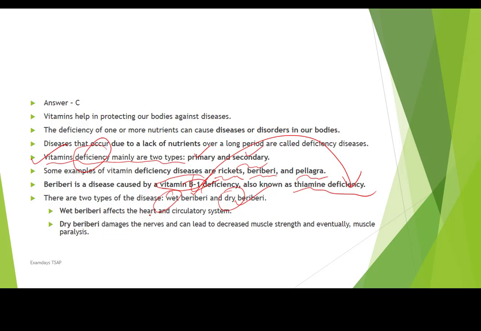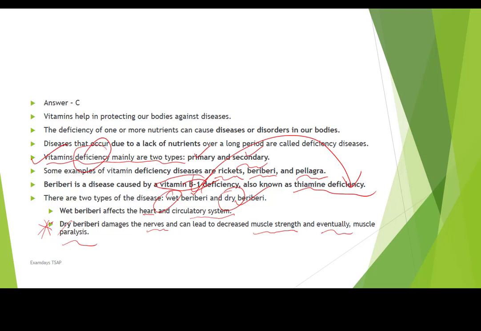Wet beriberi affects the heart and circulatory systems, whereas dry beriberi damages the nerves, which can lead to loss of muscle strength and eventually muscle paralysis. Dry beriberi is very dangerous compared to wet beriberi, because it leads to nervous system failure.